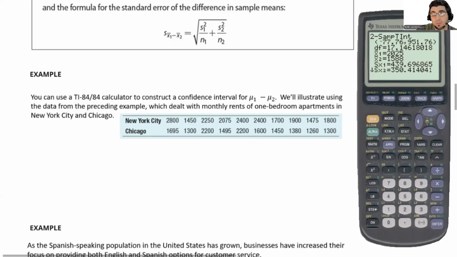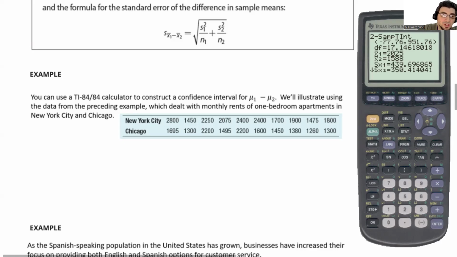So we are 99% confident that the interval from negative $77.76 to $951.76 captures the true difference in population mean monthly rent of one-bedroom apartments in New York City and Chicago.